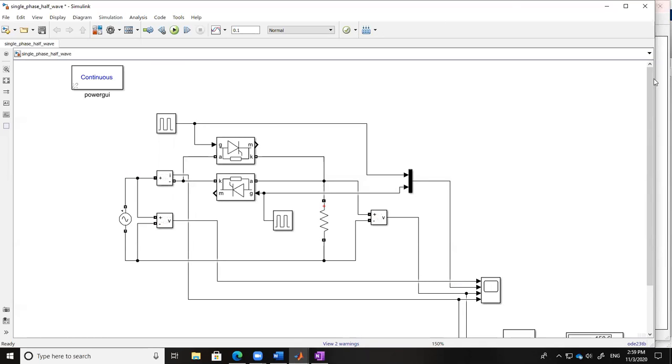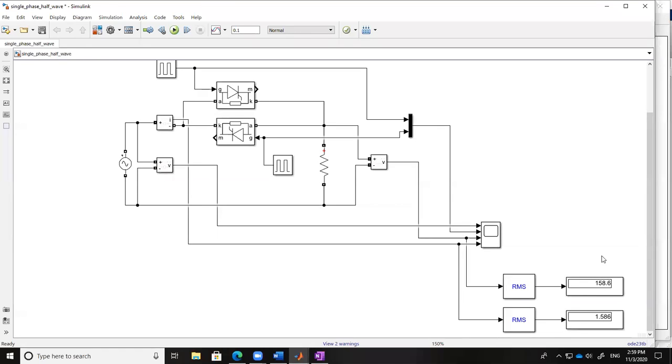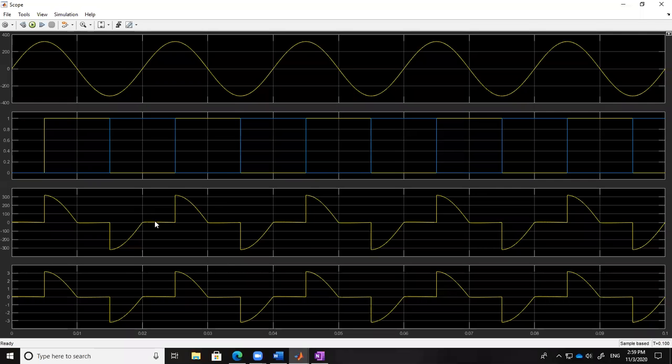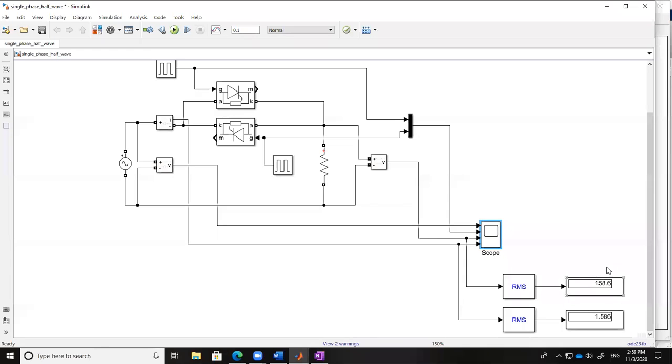Earlier we used to have a voltage divider circuit in the fan regulator, but now we call them electronic regulators. In an electronic regulator you control the output voltage like this, with a chopped waveform. You control the output RMS voltage, and because the voltage is reduced, your fan rotates at lesser speed.